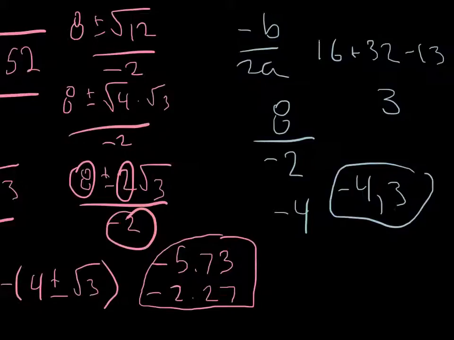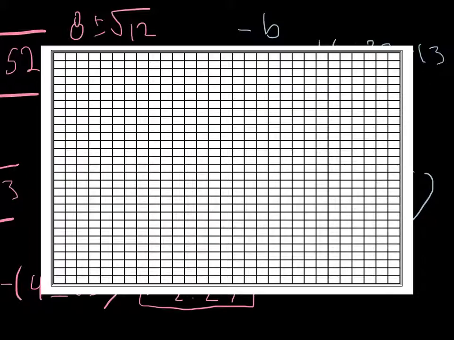We can take our graph and if we draw in our x and y axes, we have approximately a point at negative 2.27.